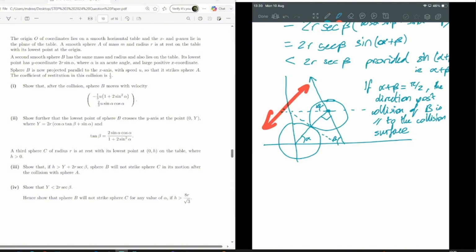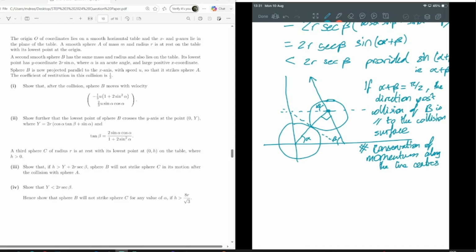So B has to have some momentum in the non-parallel to the surface direction, which is a contradicting conservation of momentum along the line of centers.